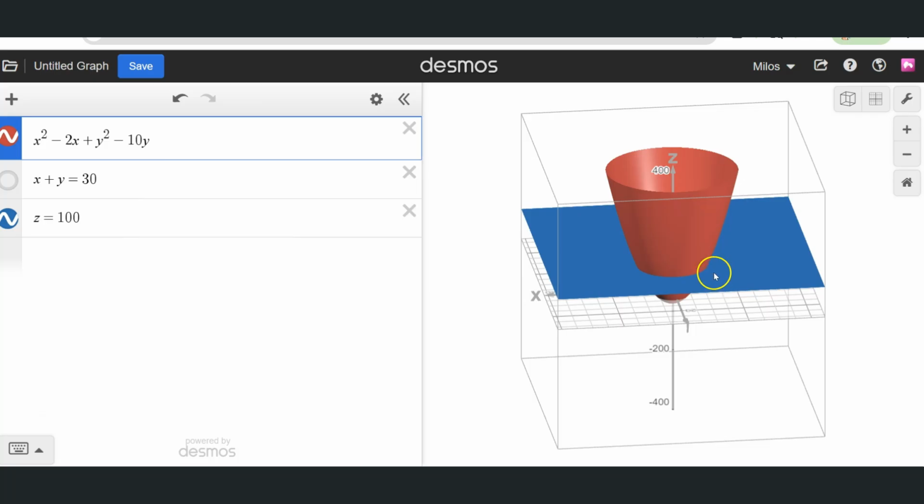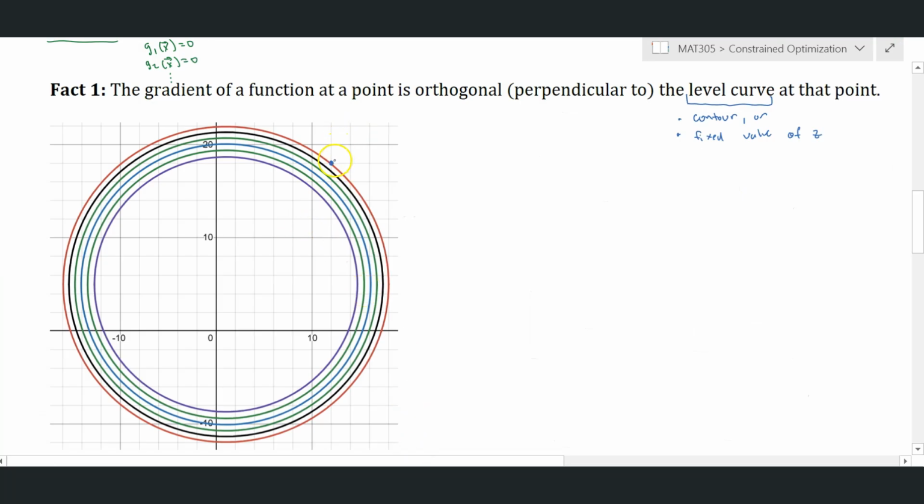Because if you move outward from the origin, you'd be ascending this three-dimensional function. So the gradient would point away from the origin, like so. Or, I shouldn't say origin, but away from the lowest point, so that we could ascend as quickly as possible. Now, if you're like, well, why perpendicular? Why couldn't it be like this, for example?